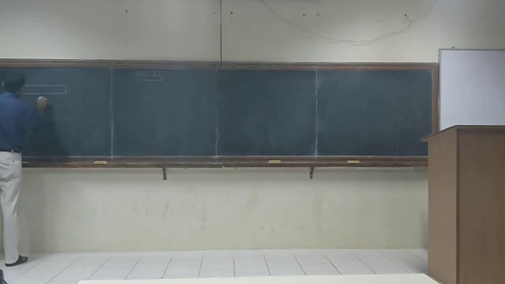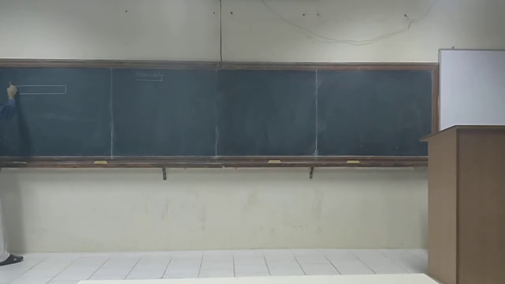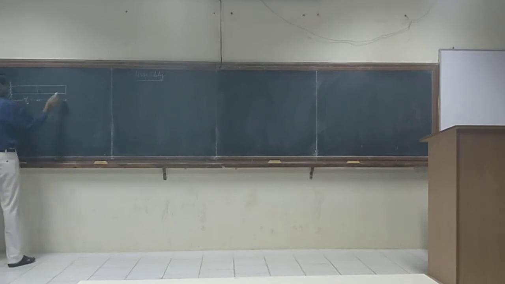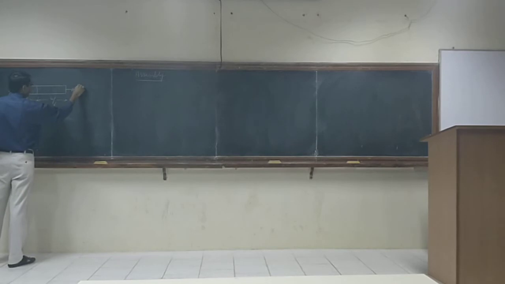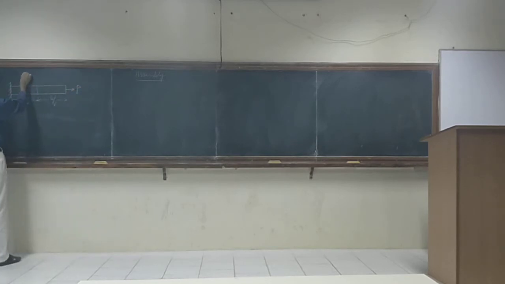So let us start with the same problem. This is our problem. This time we try to make this into two units. Let us say this is L by 2, this is L by 2. The problem is the same, with the same dimensions. Here we have the load P, E is the Young's modulus and A is the area.